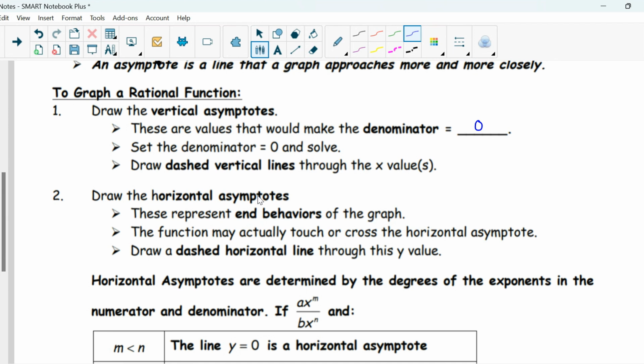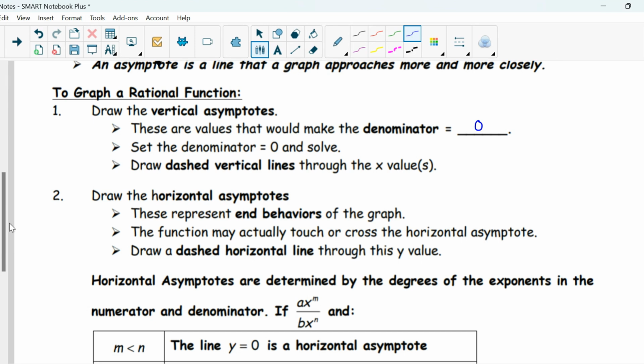Similarly, with the horizontal asymptote, that represents the end behavior of the graph. The function may touch or cross the horizontal asymptote. It may actually cross it, but still you will draw a dashed horizontal line through this value.